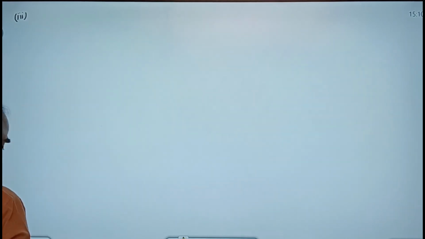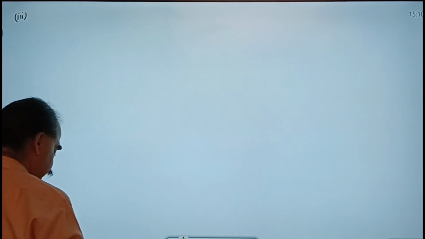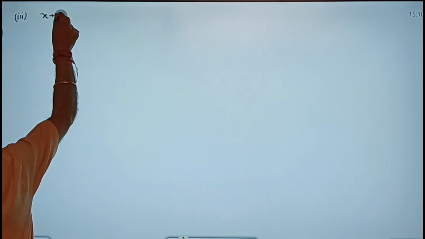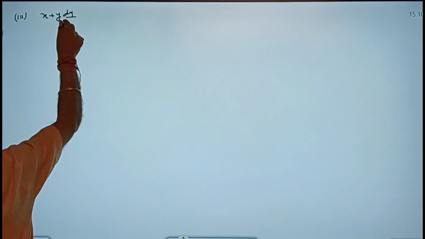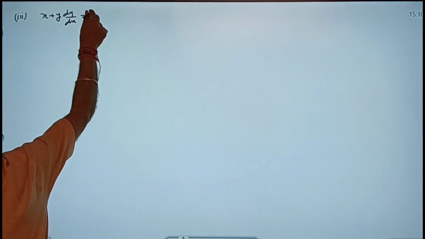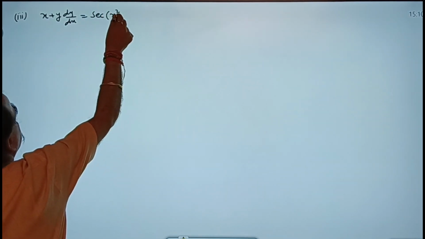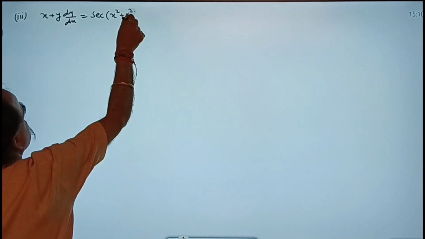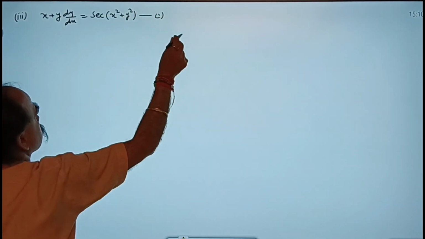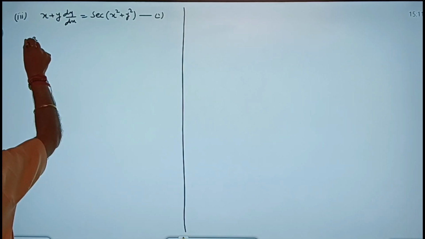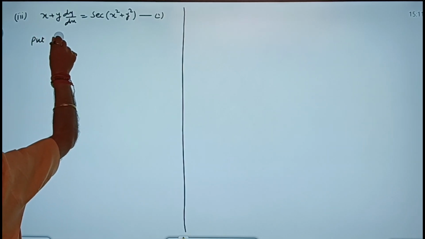Third is x plus y dy by dx equals sec of x square plus y square. Put v is equal to x square plus y square.